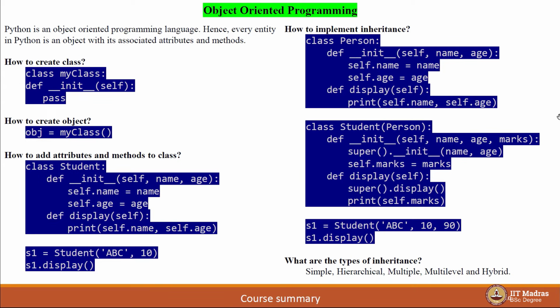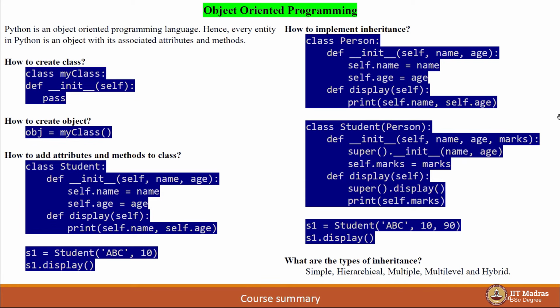All the functions which are defined inside a class are referred to as methods. Along with some default methods of every class, we can also define some user-defined methods as well, like this display method over here.